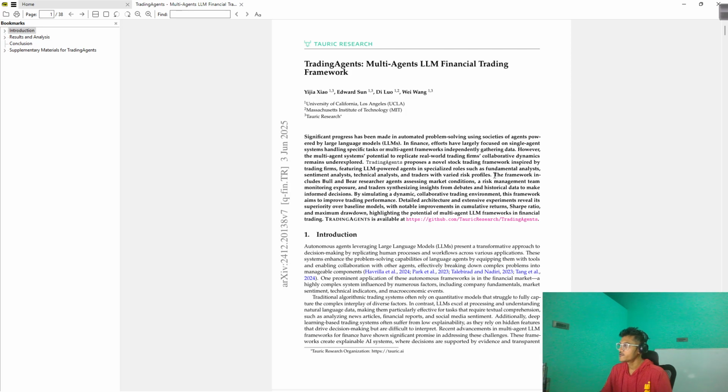The framework includes bull and bear researcher agents assessing market conditions, a risk management team monitoring exposure, and traders synthesizing insights from debates and historical data to make informed decisions. This is what we do as a trader as well, guys.